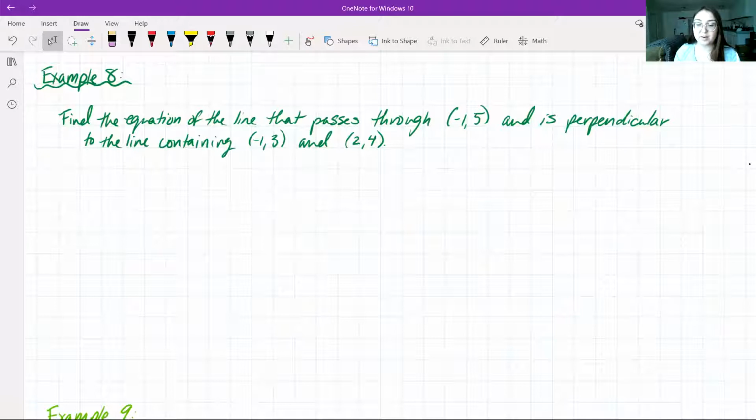But we also have another key factor here, and that's that it's perpendicular to a line containing these other 2 points. So the first thing we can do here is calculate the slope between these 2 points so that we can find the negative reciprocal, so that we know what our slope is going to be for the line that passes through -1, 5. So let's find our slope first.